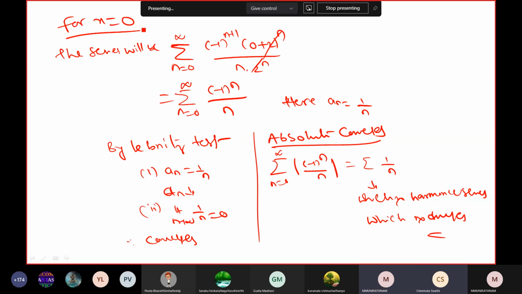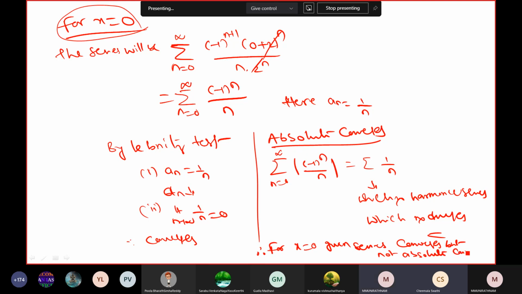The given series for x equal to 0 converges but not absolutely converges.